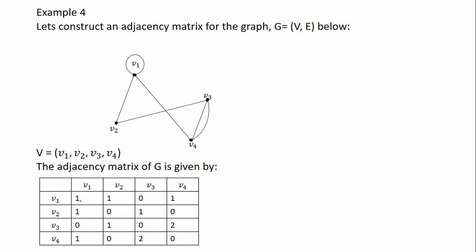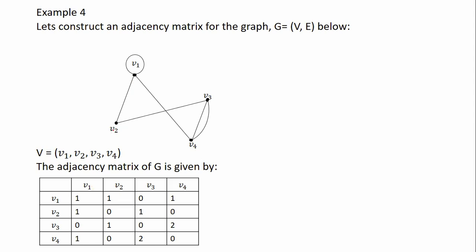Then we keep going to the other vertices using V1. Now the connection between V1 and V2. Yes, sir, there's an edge here that connects them, so you have 1.